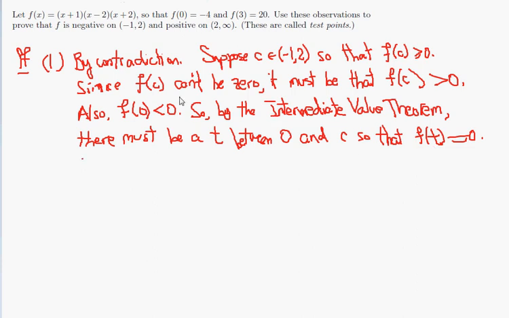But 0 is between negative 1 and 2. Also, c is between negative 1 and 2. That means that t must also be between negative 1 and 2. But t is between negative 1 and 2 because it's between 0 and c, and it can't be a root. And that's a contradiction.